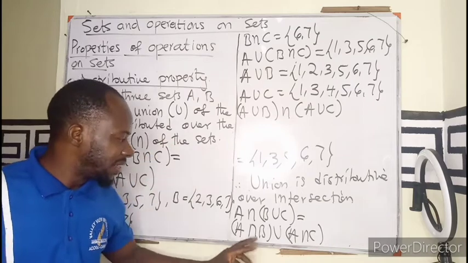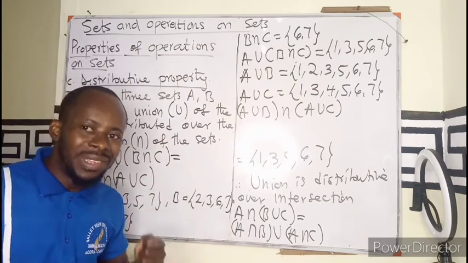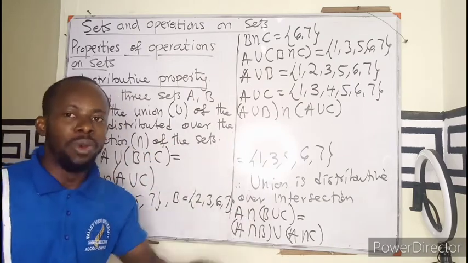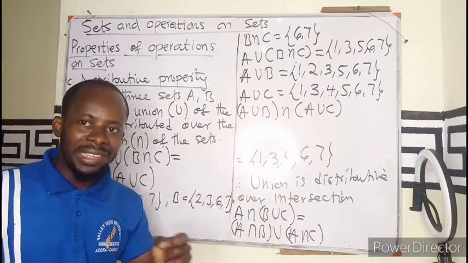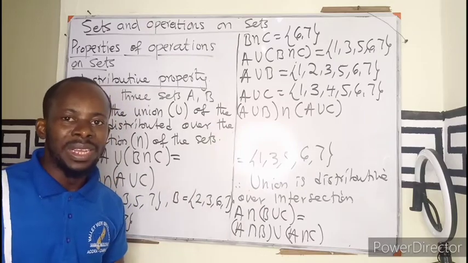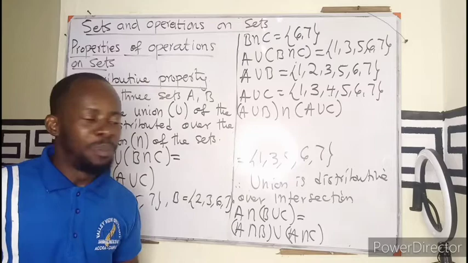Can we say that intersection can also be distributive over union? If that is true, let's get interactive in the comment section, and we will pick it up from there.